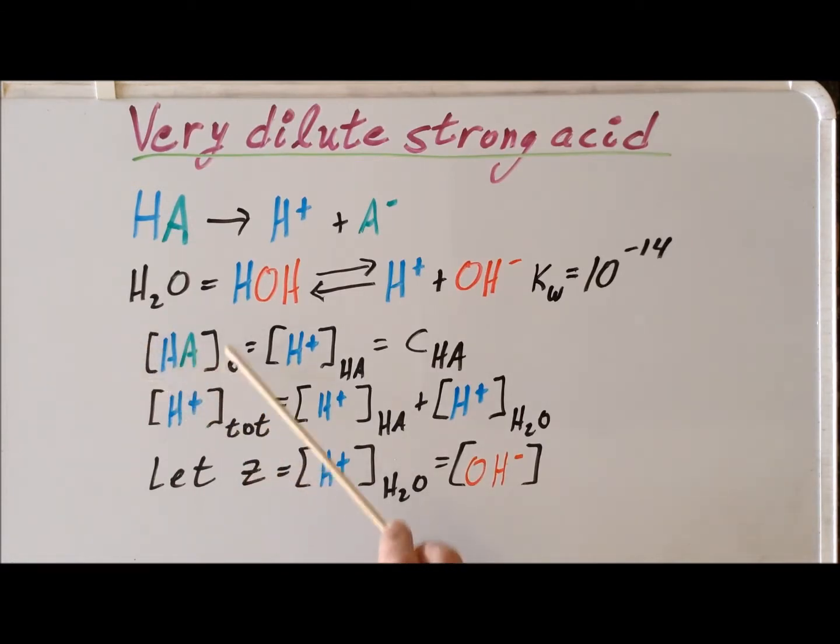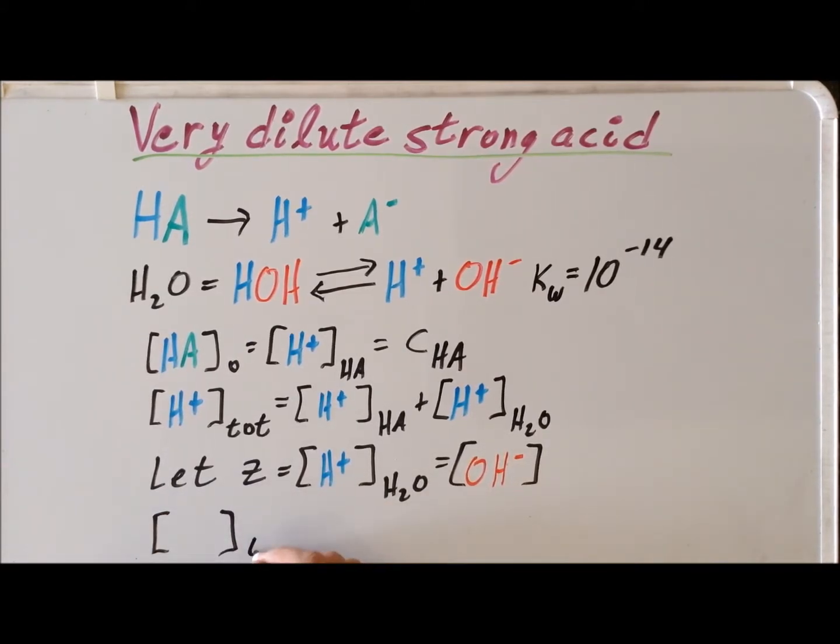So we're going to substitute this expression for the first term here. Now, the second term in the H plus total expression, we notice we've assigned the variable z. So now let's rewrite this particular equation, making both of the substitutions at the same time, just to save some writing here.